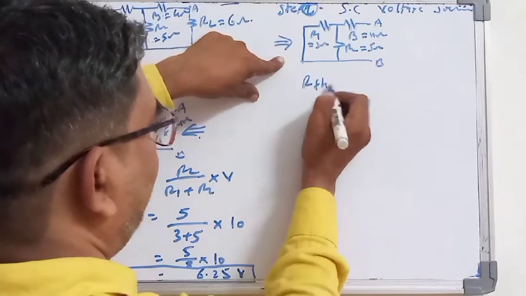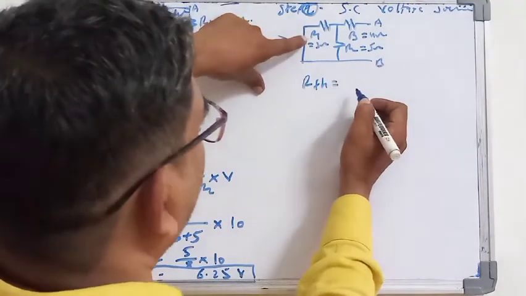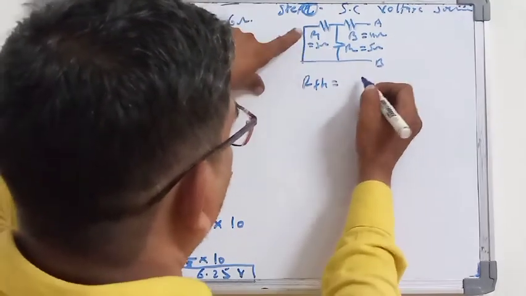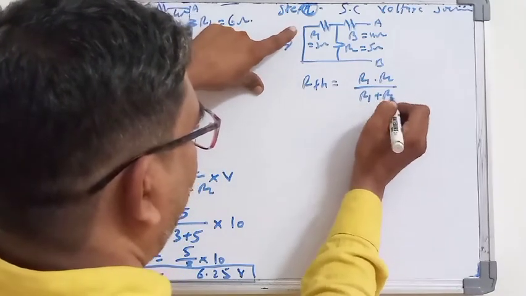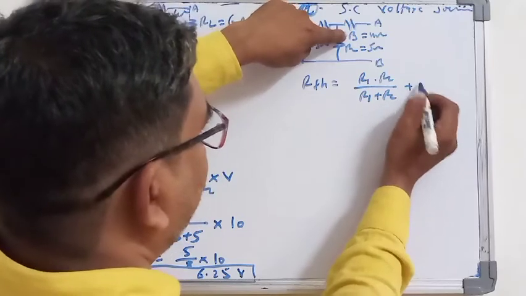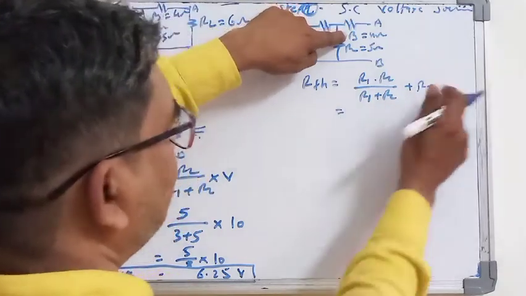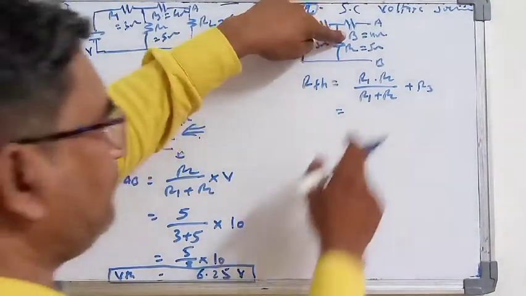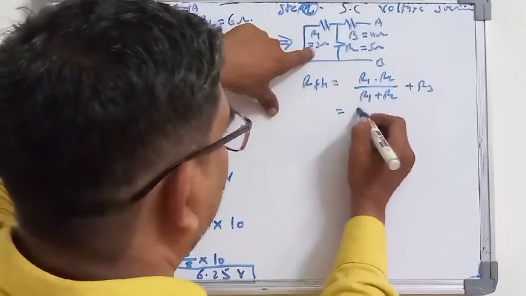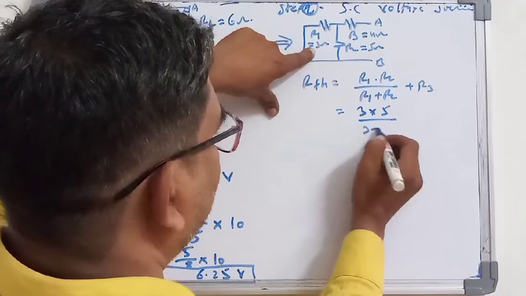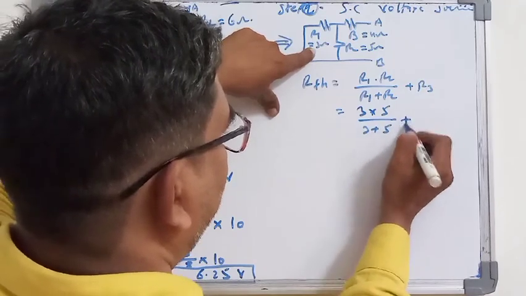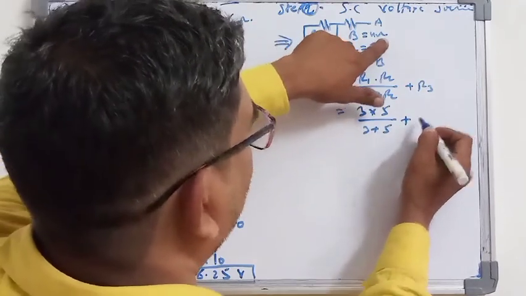So RTH is equal to R1 into R2 divided by R1 plus R2, and this resistance will be in series, and that's why plus R3, we have found out. You just put the values: 3 multiplied by 5 divided by 3 plus 5, plus R3 value is 4.